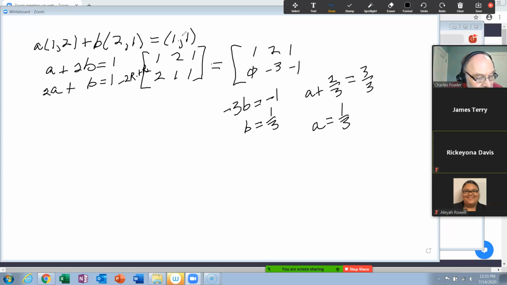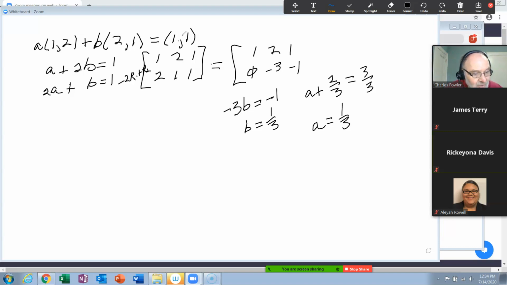Okay, now, number 3 says, what's the geometric significance of questions 1 and 2? Well, question 1 says if one vector is a multiple of the other vector, then you can't form a linear combination to get a third vector. The second one said if they're not, you can. So that's the geometric significance.